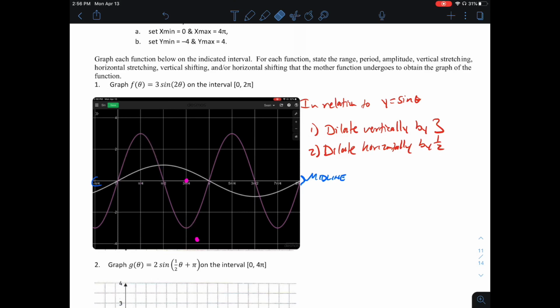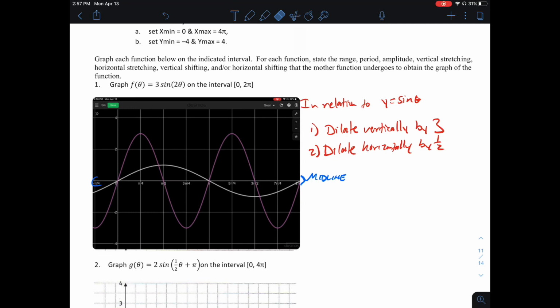You don't need the white graph, that's just the parent graph. But comparing the parent graph to F, which is the purple one, notice how the purple one goes up and down to negative and positive 3, and the period gets cut in half. It goes from 0 to pi for 1 cycle.